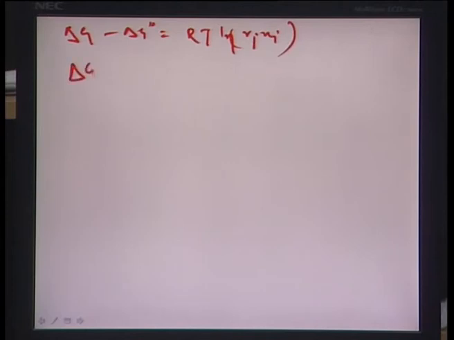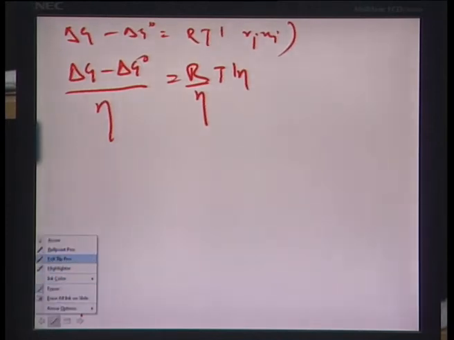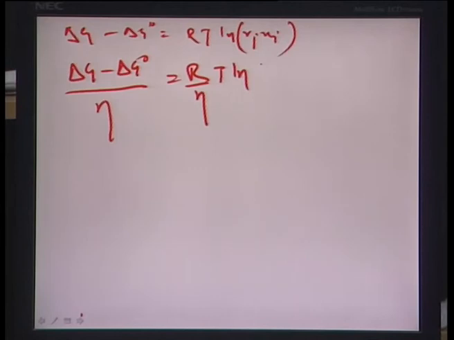So, if you look at the equation for delta G from before, delta G minus delta G 0 really is equal to your R times T ln of gamma i xi. And so, therefore, per ion delta G minus delta G 0 by n should be essentially equal to R by n T ln of the activity, gamma i xi.